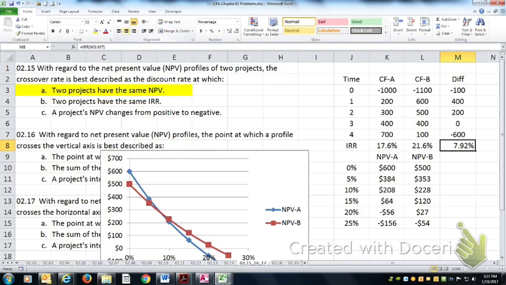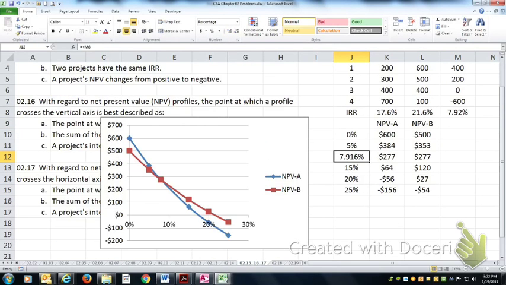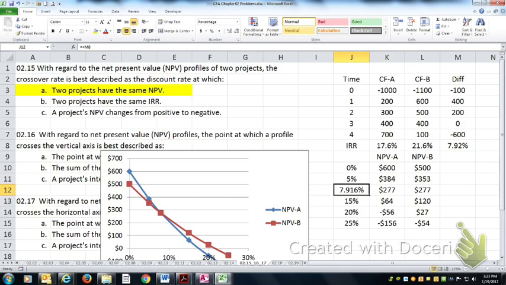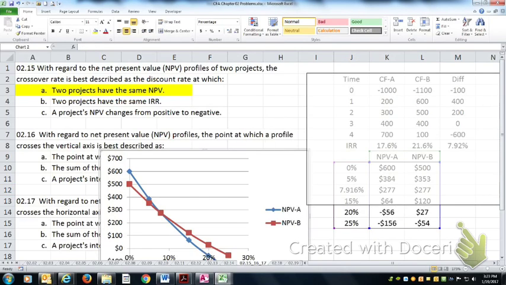The crossover rate was the rate that if the cash flows were both discounted at 7.92, then the NPVs would be the same, which all I got to do to calculate that. Notice that the NPVs are the exact same now when I use the crossover rate here. Okay, it doesn't change the shape of the graph any. Alright, so that's the answer to 15.